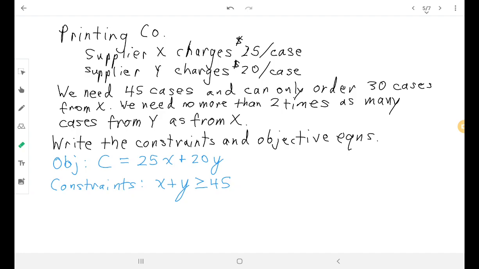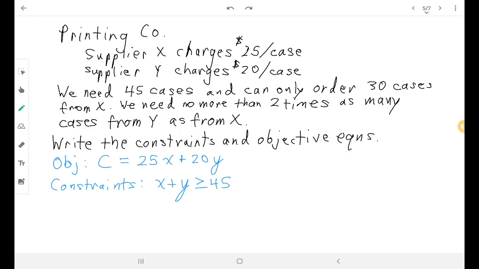So there's one of our constraints. What else do we have? We can only order 30 cases. That is to say, the most we can order from supplier X is 30 cases, right?